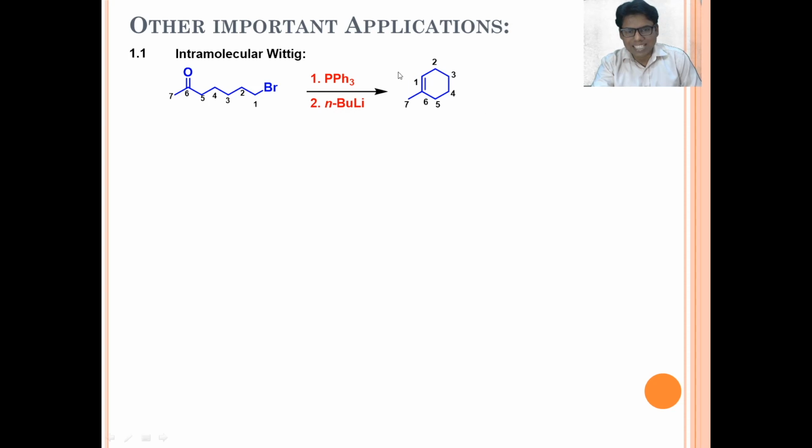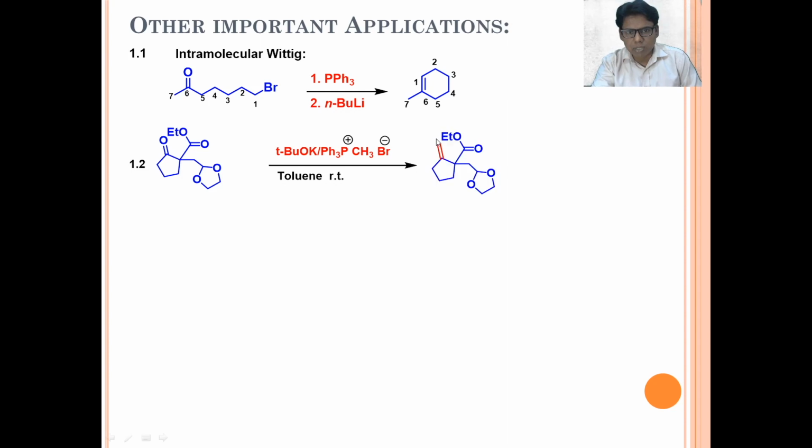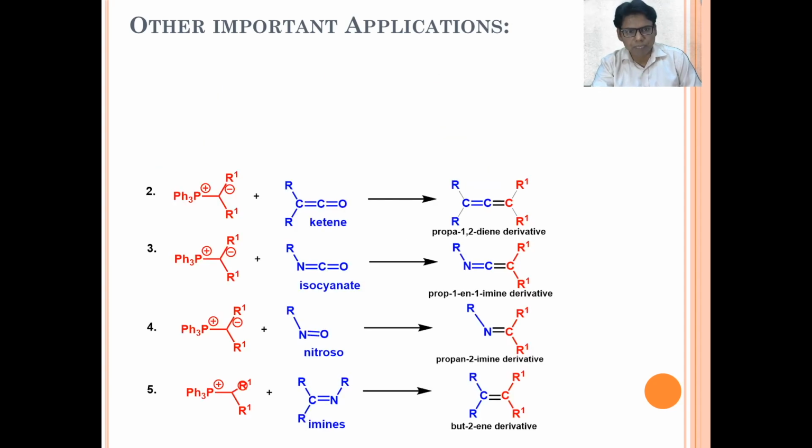So cyclohexene is formed with 1 and 6, and we get this product. Now this was a very deliberate question in which there were two carbonyl groups. One is this and second is this. The second belongs to ester. So if the question is which one would react, it is this only which reacts to give methylene group, not this ester part. So that is why this reaction is chemoselective in nature.